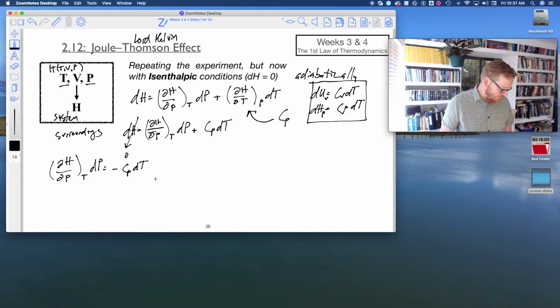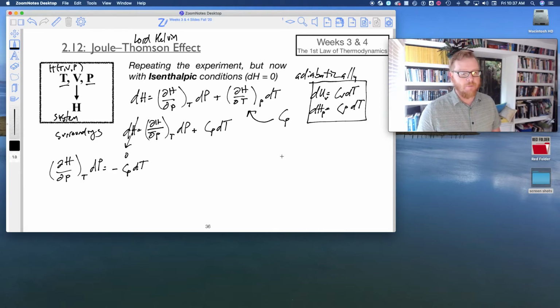Now what I want to do is try and eliminate some more variables. If I want to know, for example, how the temperature changes with pressure at constant enthalpy, we're going to divide both sides by dP. We can do that in this algebraic manipulation.